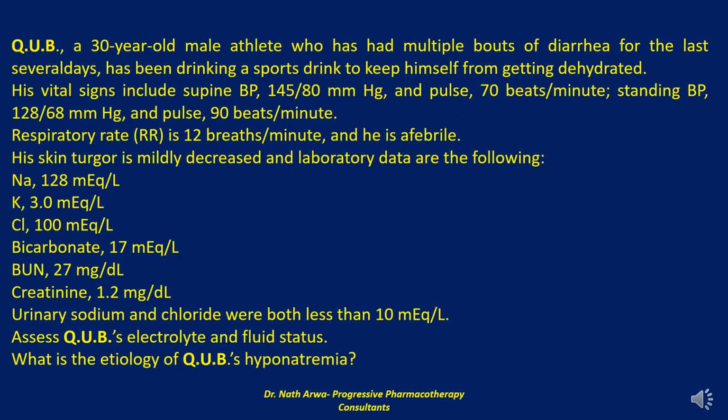The next case reads: QUB, a 30-year-old male athlete who has had multiple bouts of diarrhea for the last several days, has been drinking a sports drink to keep himself from getting dehydrated.